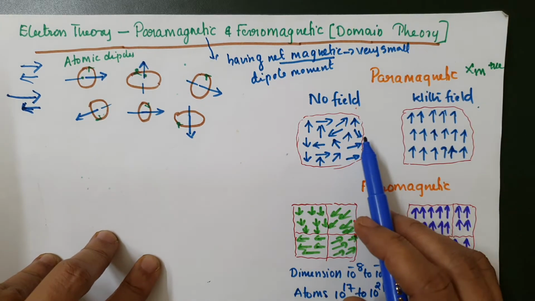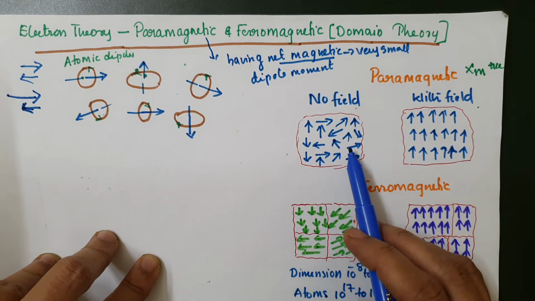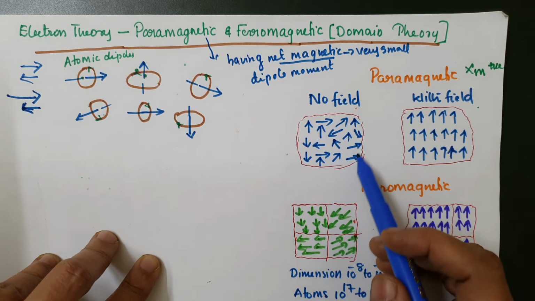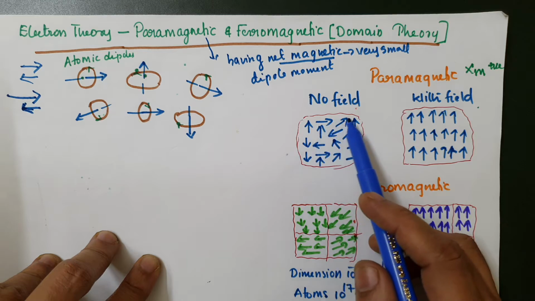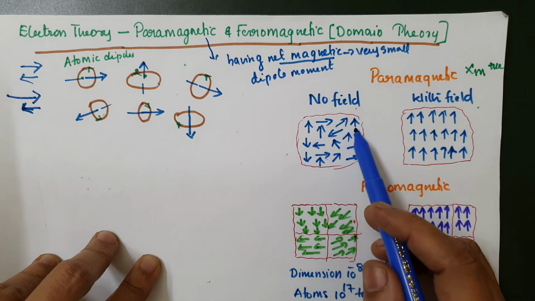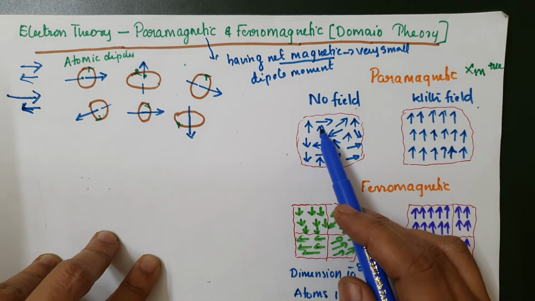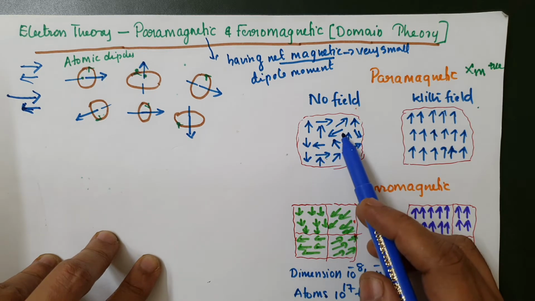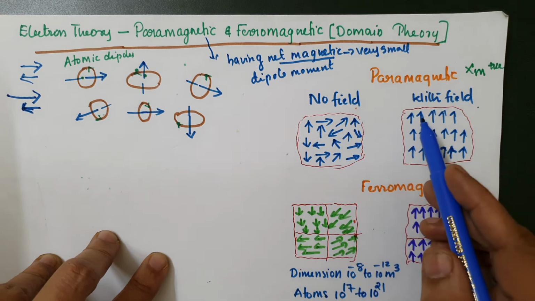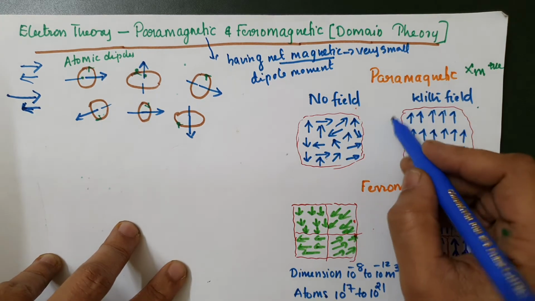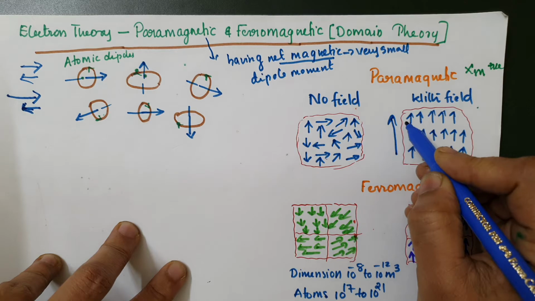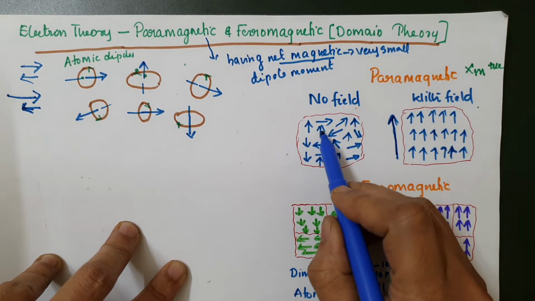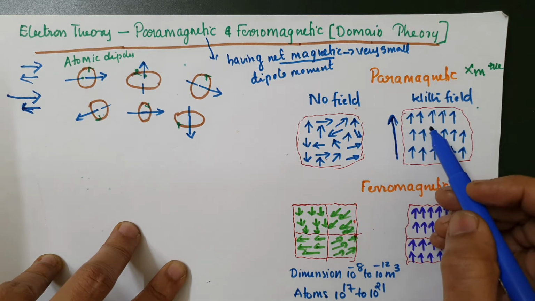Here we can see a picture of a paramagnetic material. In the absence of a field, the magnetic moments are aligned randomly. And when a field is applied in a particular direction, suppose the field is applied in this direction, then these magnetic moments get aligned in the direction of the field.